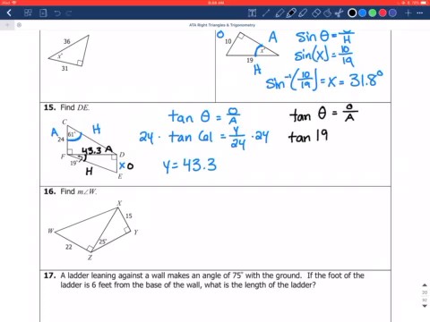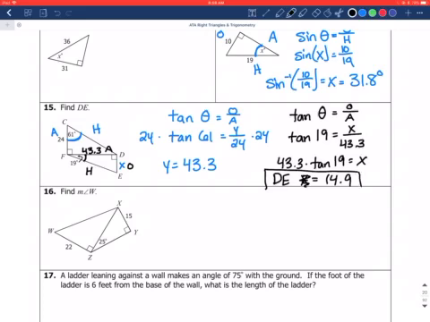So the tangent of 19 degrees will equal opposite x over adjacent 43.3. And then you will multiply both sides by 43.3. And x will equal 14.9. So that's our final answer. Instead of calling it x, we can call it what it is, DE equals 14.9. And that is our final answer.